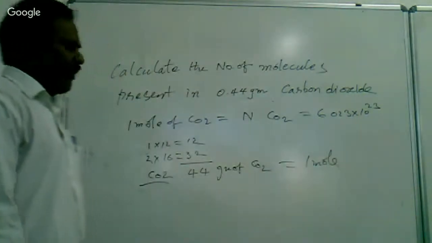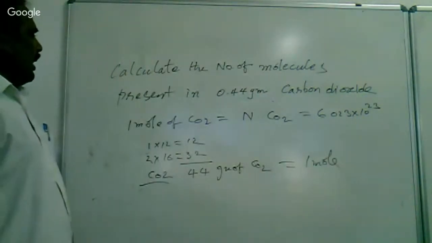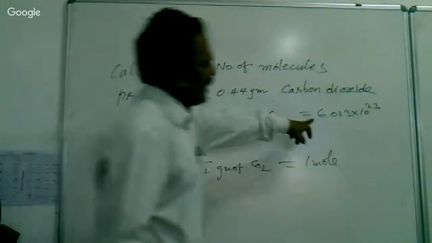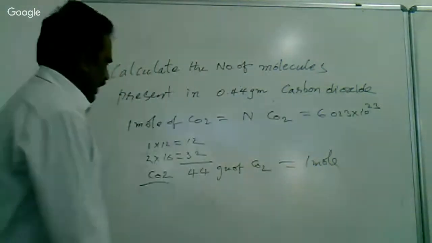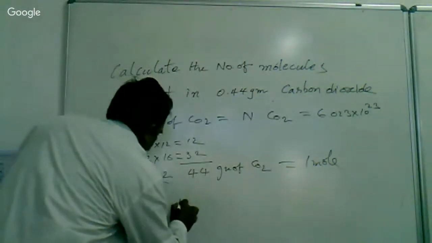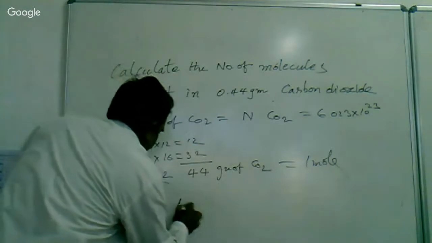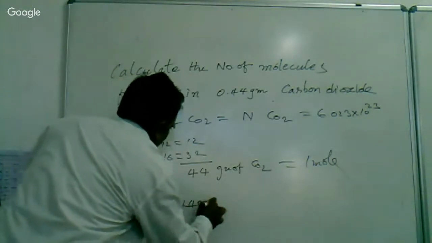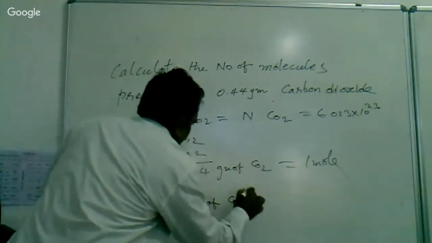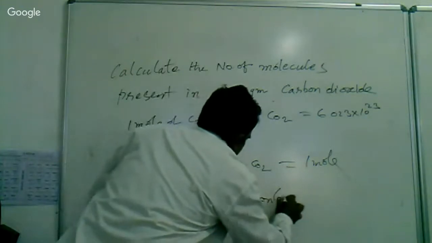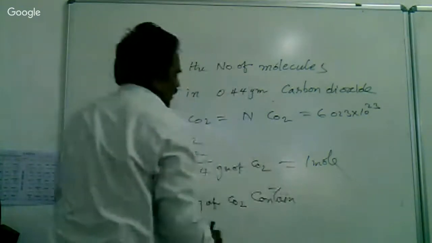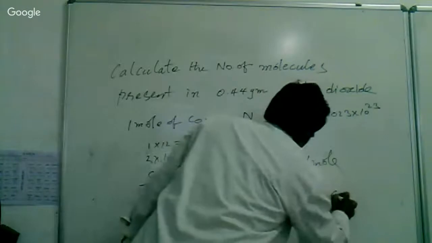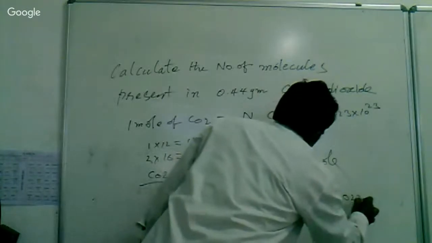So 1 mole consists of 6.023 into 10 power 23. Now, 44 grams of CO2 contain how many molecules? 6.023 into 10 power 23.